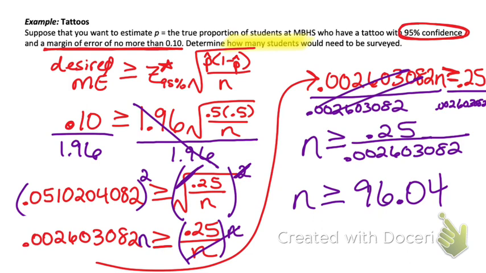If my sample size has to be greater than or equal to 96.04, then what is the minimum number of people I can talk to for this sample? 97. What decimal, people? I am talking to people. I cannot talk to 0.04 of a person, and my sample size has to be bigger than that number.